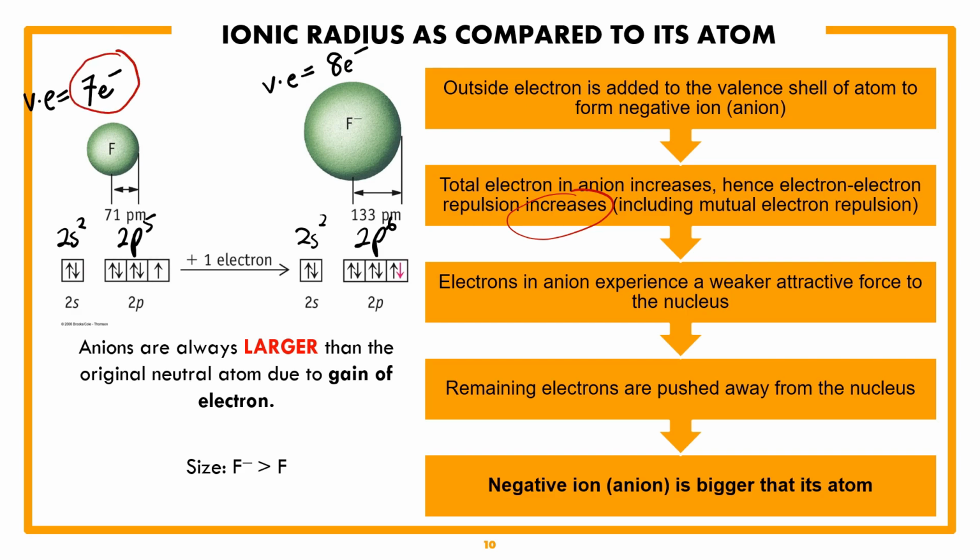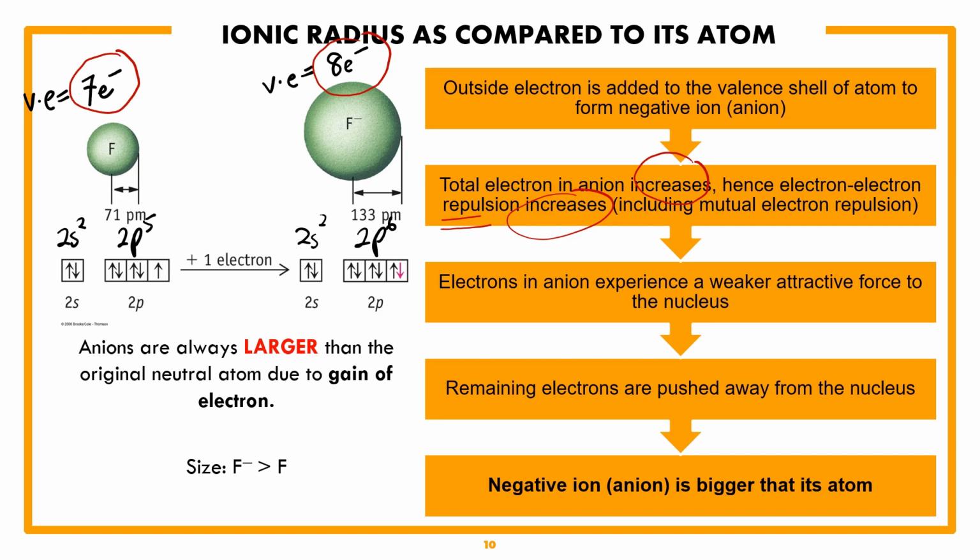But after the fluorine atom accepts additional electron, now the total valence electron in this valence shell akan menjadi 8 elektron. So in this case, total electron in an ion increases. Apabila elektron dah bertambah banyak, maka electron-electron repulsion pun akan bertambah.